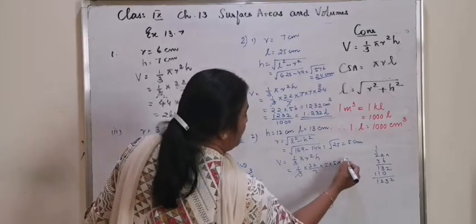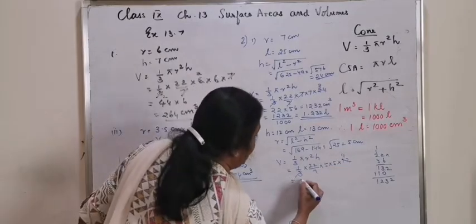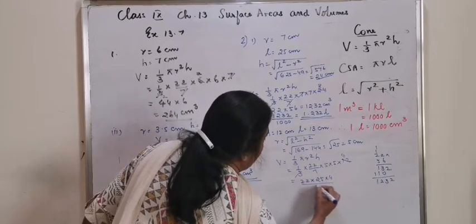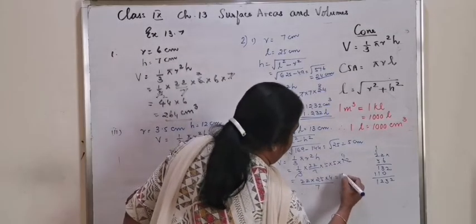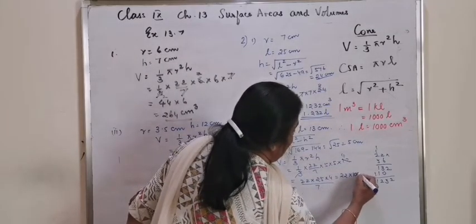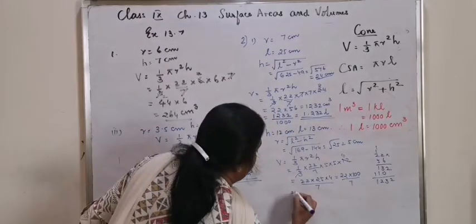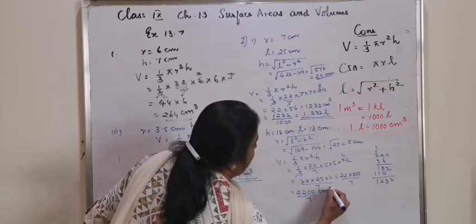So 3 and 12 gets cancelled as 4. And now 22 into 25 into 4 by 7. 25 into 4 is 100. So 22 into 100 by 7, or the answer is 2200 by 7 centimeter cube.